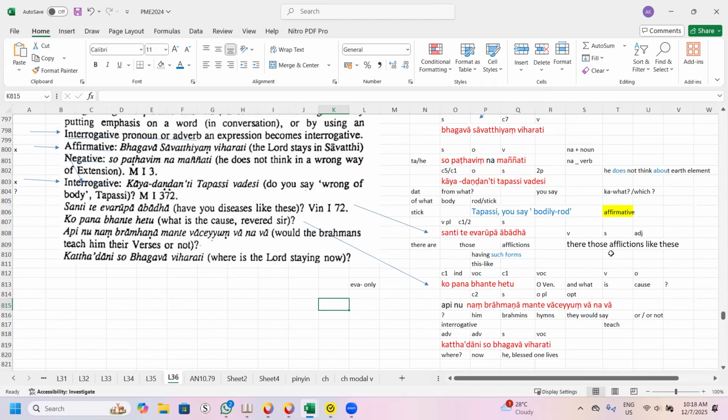If you don't want, you put those afflictions are like, are such. Yeah, you can do those afflictions.